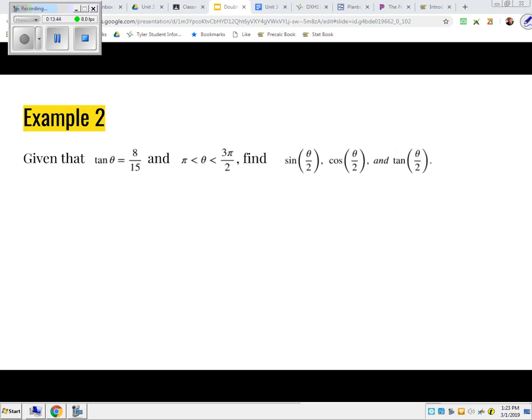Okay. Now, good news, same with the double angles, we just have to draw one triangle. And I'm going to draw this triangle in what quadrant? Third quadrant? Okay.